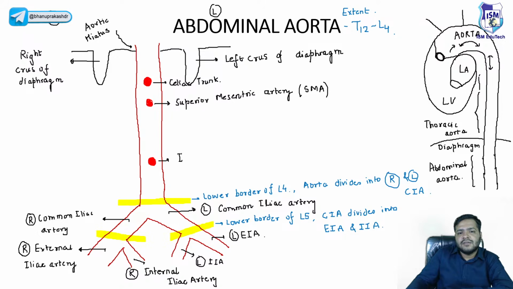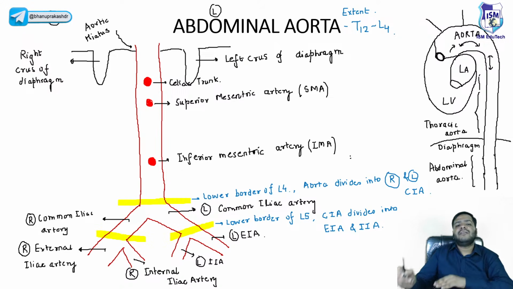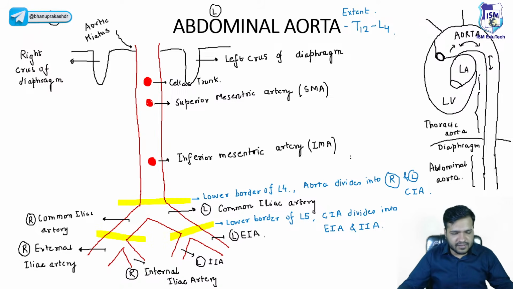And we have the inferior mesenteric artery, that is the IMA. So we have the celiac trunk, superior mesenteric artery, and the inferior mesenteric artery.